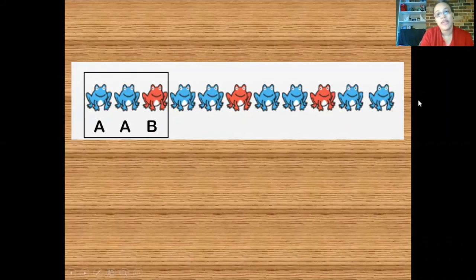The next one would be B. This pattern, which is blue, blue, red, just like the core, repeats. So AAB, and it repeats again. AAB. Not yet here because we're missing the red.